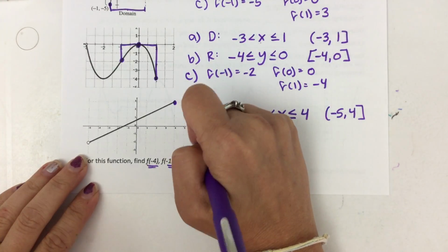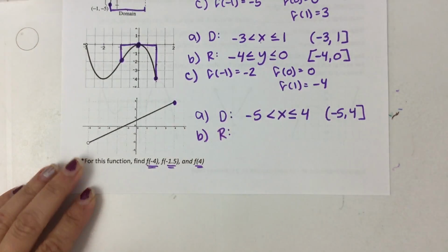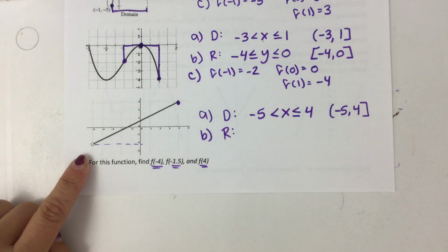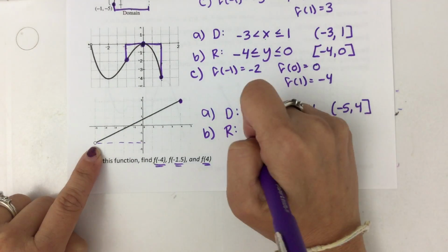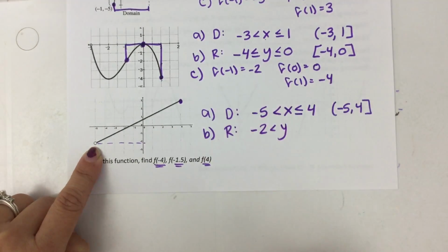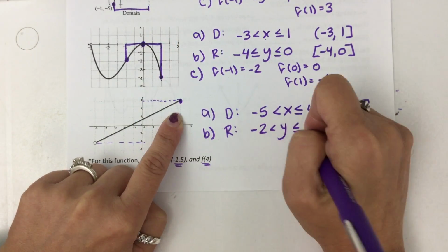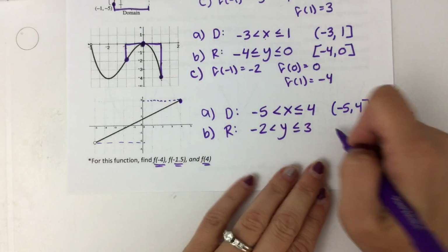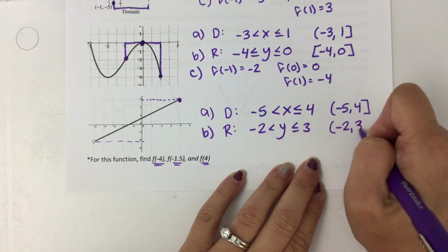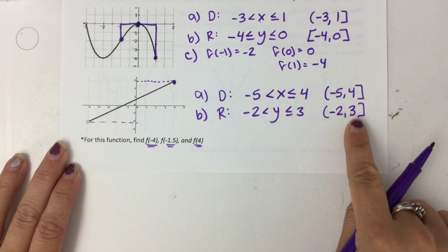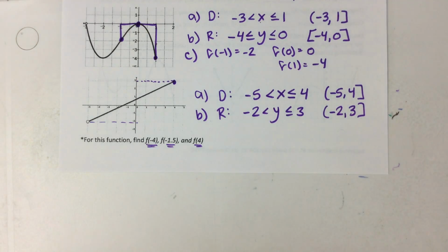Okay, keep going. B is the range. The lowest value on this line is -2, but it's not included. Range is y. The highest value on the y-axis is 3, and it is included. So again, if you're somebody doing interval notation, you would have a rounded edge with -2 and a squared edge at 3.